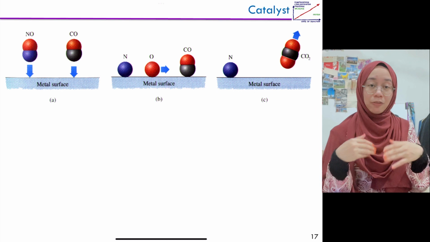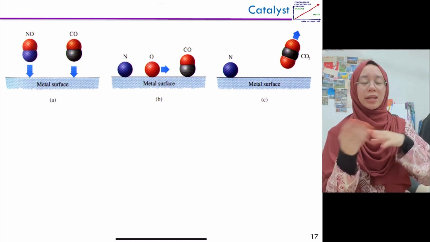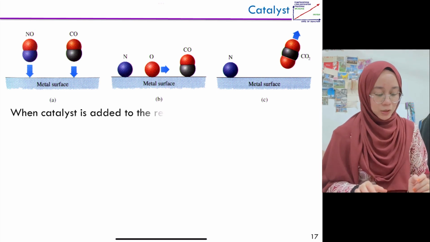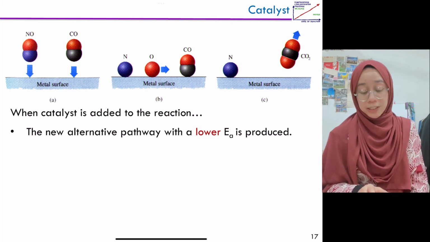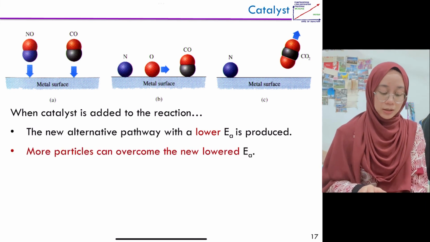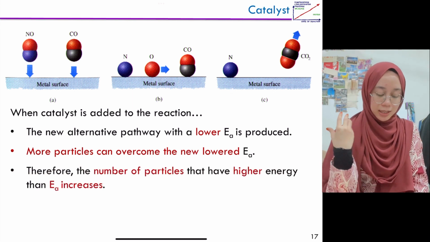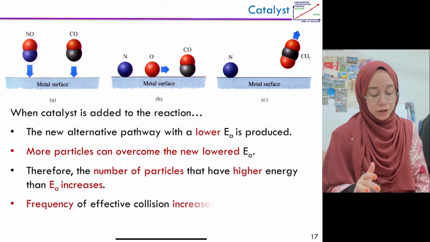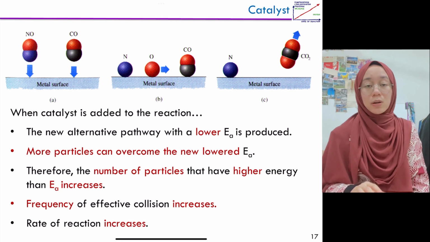But with the help of the catalyst, it gives an alternative way so that the reaction rate will be higher. So when a catalyst is added to the reaction, a new alternative pathway with a lower activation energy is produced, so more particles can overcome the new lowered activation energy. Therefore, the number of particles with higher energy than the activation energy increases, so the frequency of effective collisions increases, so the rate of reaction also increases.